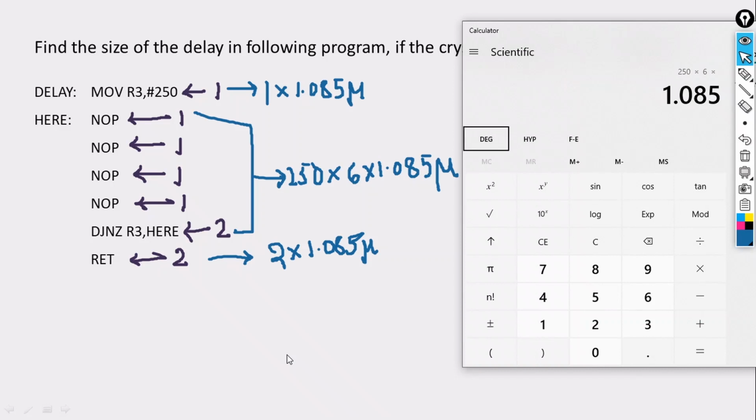Okay, so I'll be getting the value 1627.5. So we'll round this off to 1628.